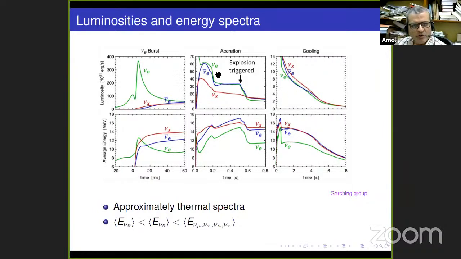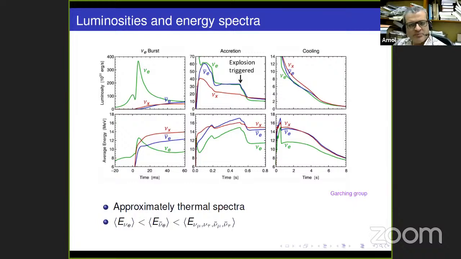In all of these three phases, however, if you look at the average energies, you will notice that the lowest average energy always belongs to electron neutrino. Slightly above that, intermediate, is nu E bar, and slightly above that is nu X. Sometimes this hierarchy is broken, but what I said is approximately true.